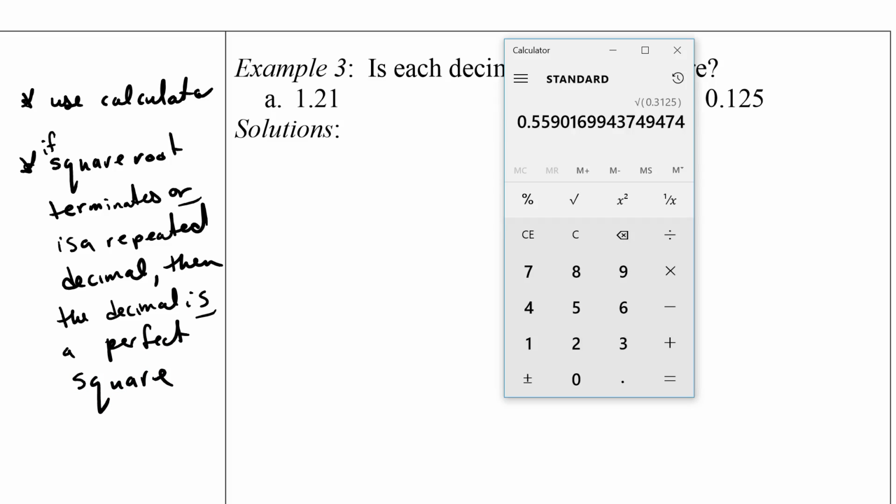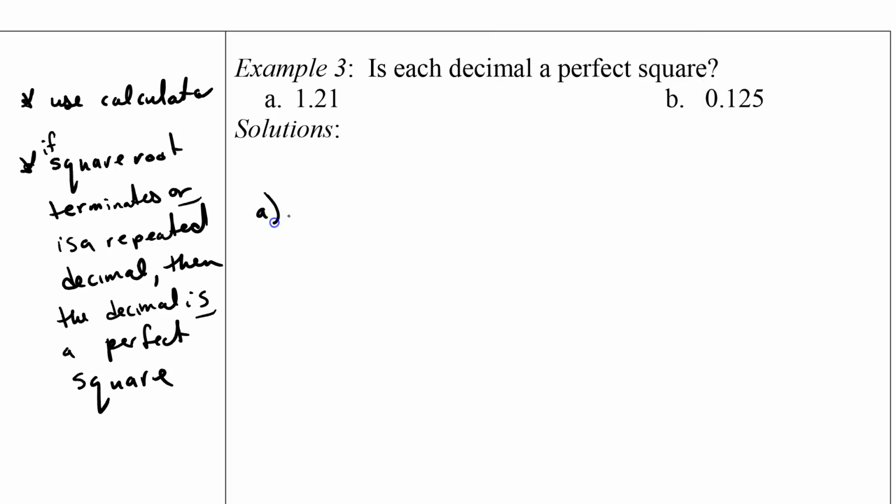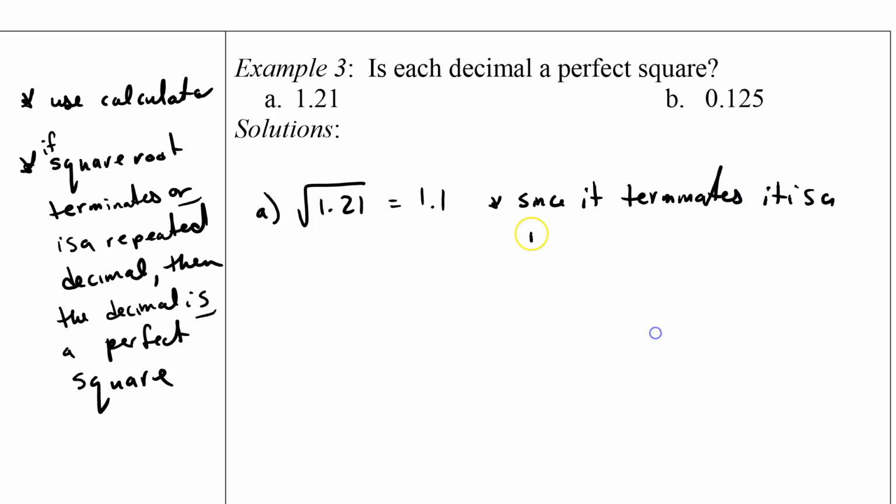So for example, for the first one, 1.21, find the square root of that. It's 1.1. So with A, the square root of 1.21 is 1.1. Since it terminates, it is a perfect square.